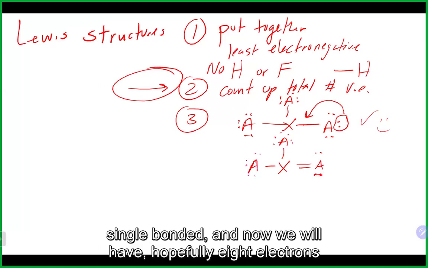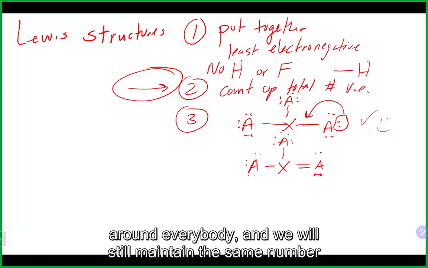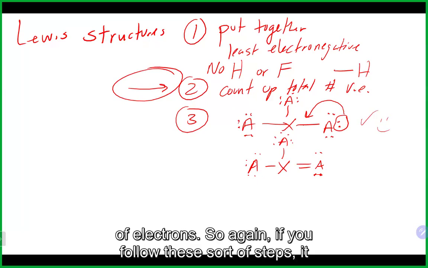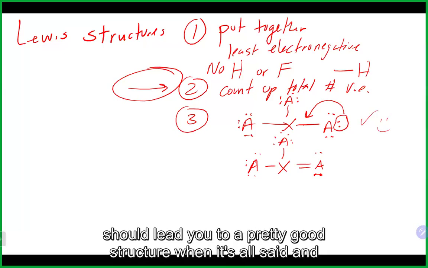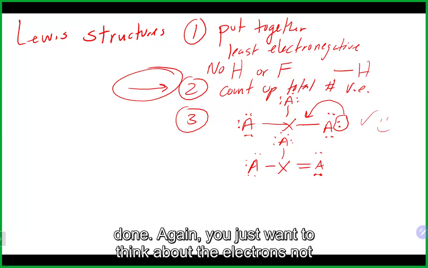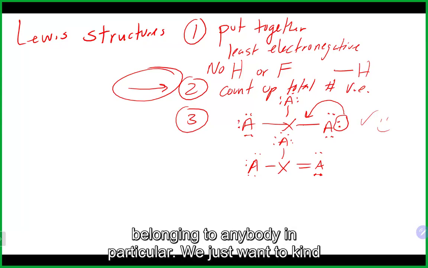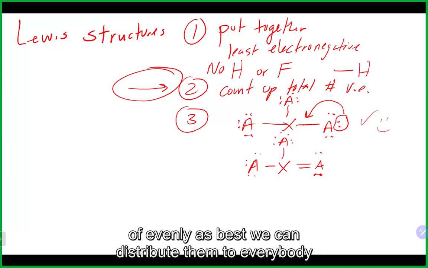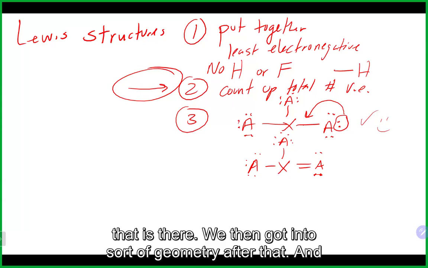And now we will have hopefully 8 electrons around everybody, and we will still maintain the same number of electrons. So again, if you follow these steps, it should lead you to a pretty good structure when it's all said and done. Again, you just want to think about the electrons not belonging to anybody in particular. We just want to evenly, as best we can, distribute them to everybody that is there.